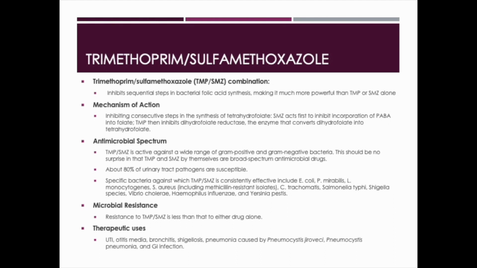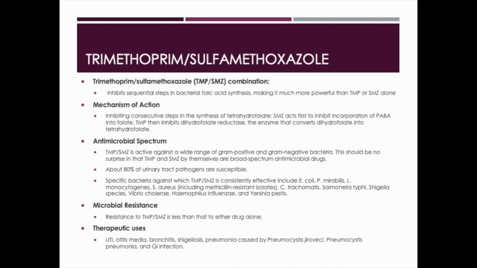So in choosing this drug, we think about what does it cover. It's going to cover a wide range of gram-positives and gram-negatives, and it should not surprise us that TMP and SMZ by themselves are already broad spectrum. About 80% of urinary tract pathogens are going to be susceptible to this drug, specifically Bactrim or Septra.